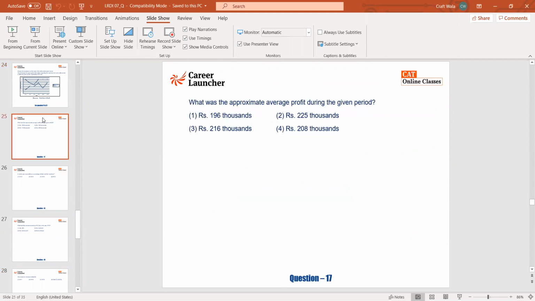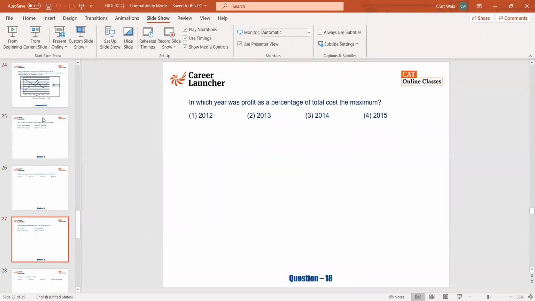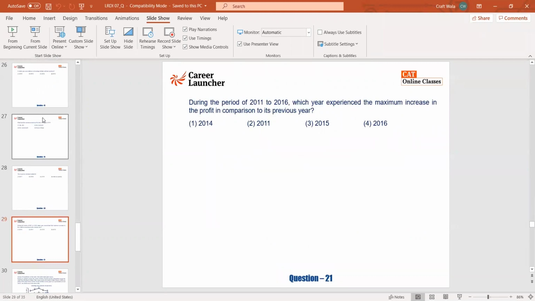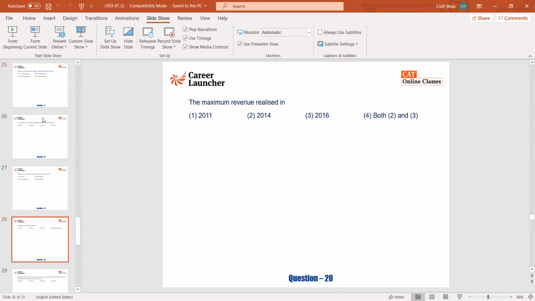Let's start with this one, question 17 to 21, that is from slide 24. Alright, so let's try this set first, these 5 questions.